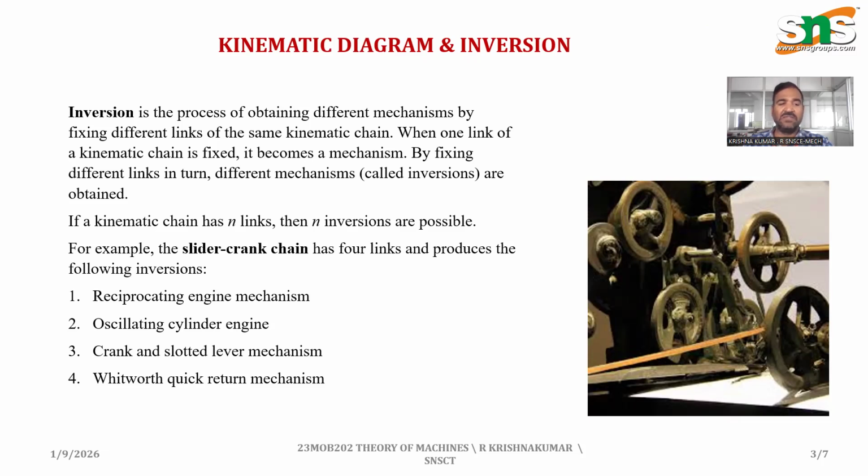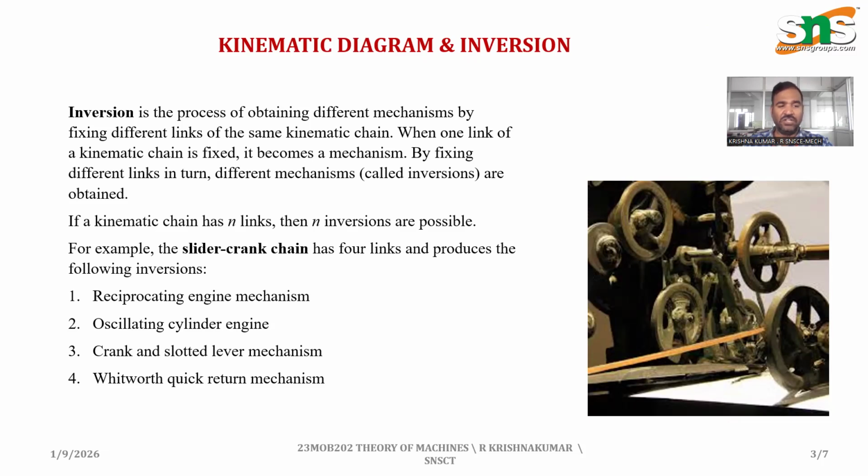The preparation of a kinematic diagram follows a systematic approach. First, the actual machine is studied to identify all the moving parts and their connections. Next, each rigid body or group of bodies moving together is identified as a single link. Then the type of joint between each pair of links is determined and appropriate symbols are used to represent them.